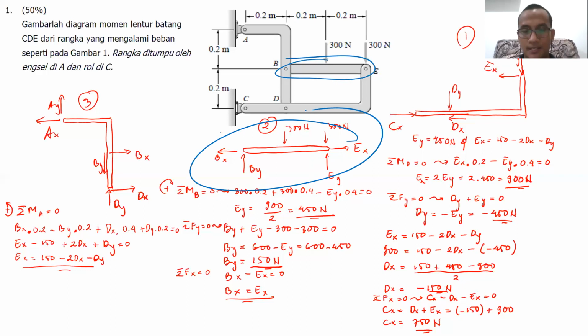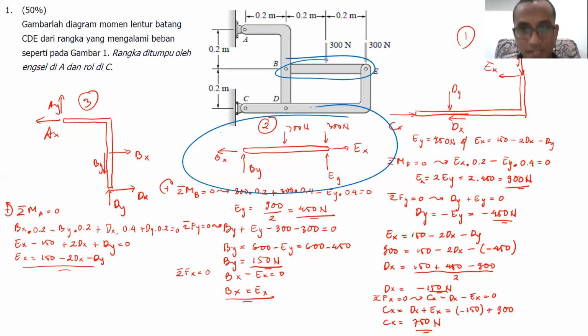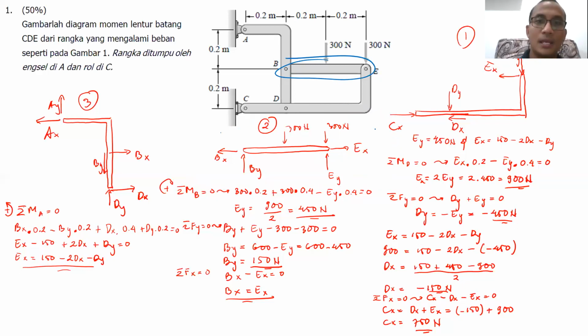Because of that, we can try to solve this particular free body diagram. Although there are 4 unknowns, PX, PY, EX, EY, at least we can try.